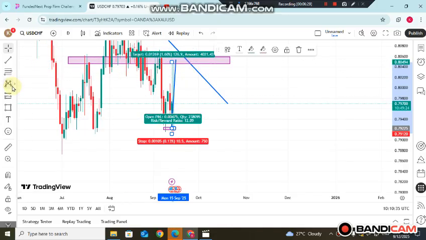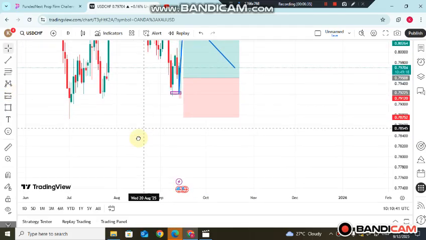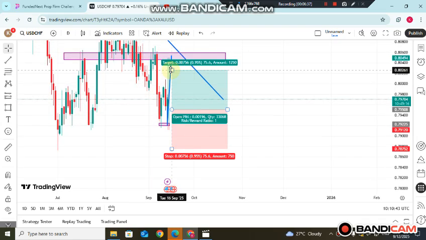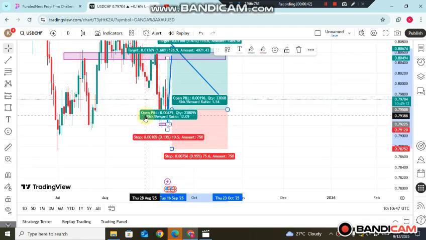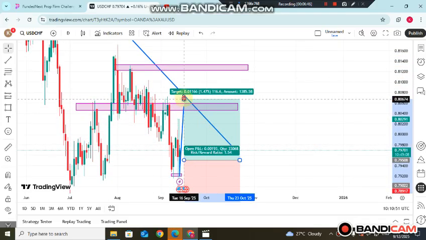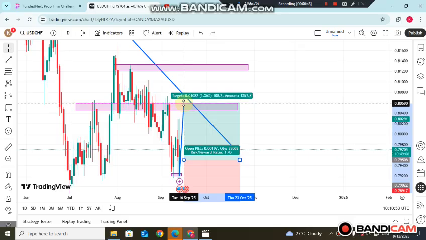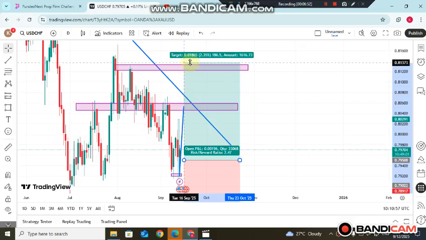So we'll be making about, let me take out the long position again. Okay, from TP, we'll be making about 108 pips on TP1, and we'll be making about 186 pips on TP2.